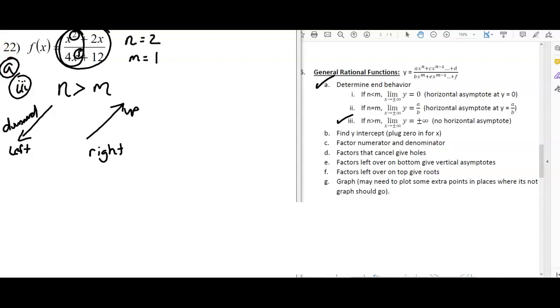All right. Let's go ahead and take a look at part B. For part B, once again, the rest of the problem is very much just the same thing. Okay? So for part B, we're going to plug in 0 for x.